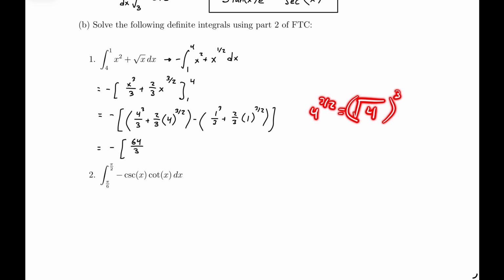And square root of 4 is 2, cubed, which is equal to 8, times 2/3 equals 16 over 3. So plus 16 over 3 for that term there, and then minus 1/3. I'm subtracting another 2/3. And that just comes from distributing this negative.